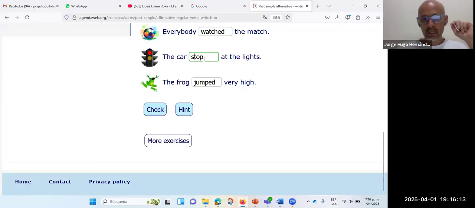And looking at the three final letters, the three final letters are a vowel between two consonants, okay? You have to double, or repeat, the last letter and then add ED, okay?